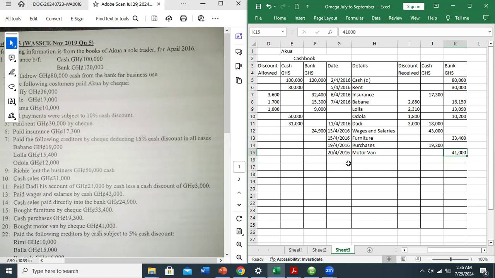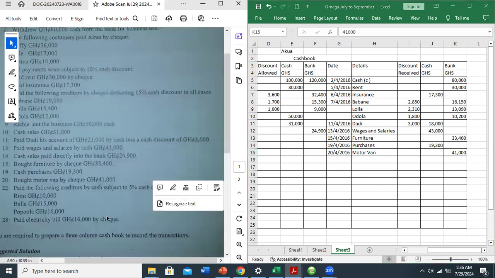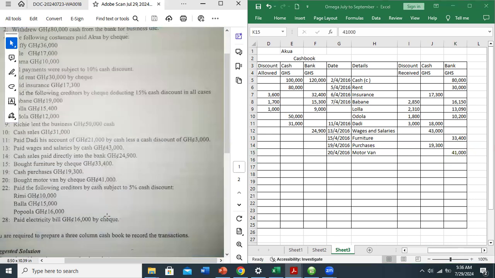The next, 22nd, paid the following creditors by cash subject to 5% discount. So we need to acknowledge some discount here. We pay the following: Remy, Bala, and finally Popula. So we need to calculate the discount for Remy.